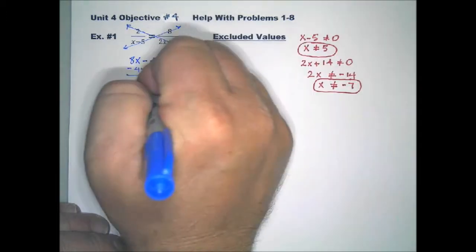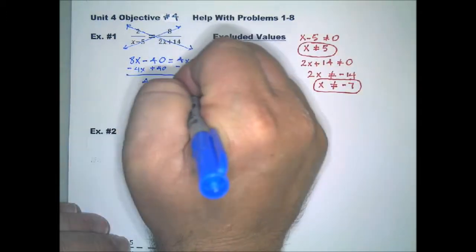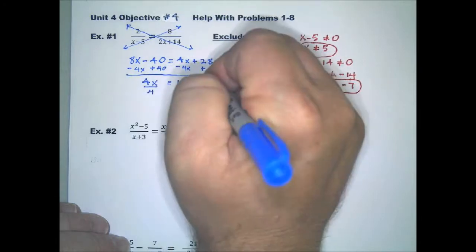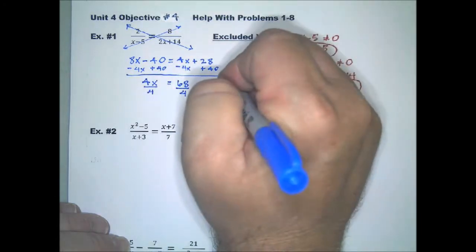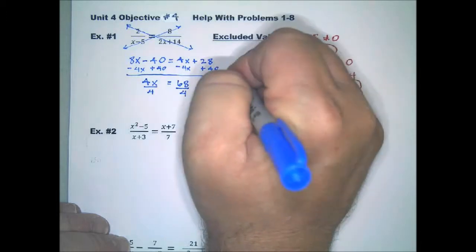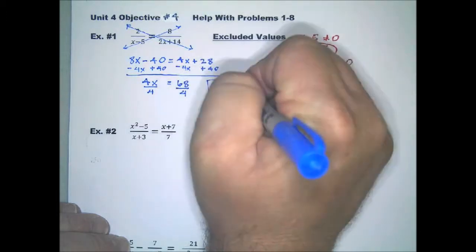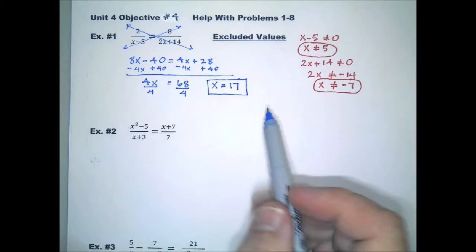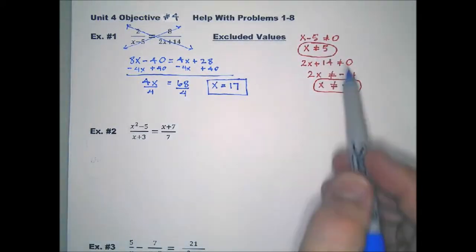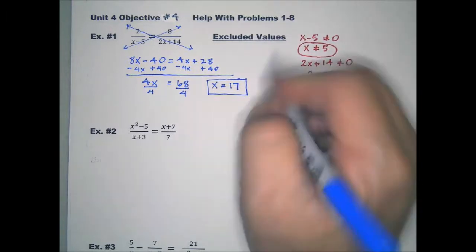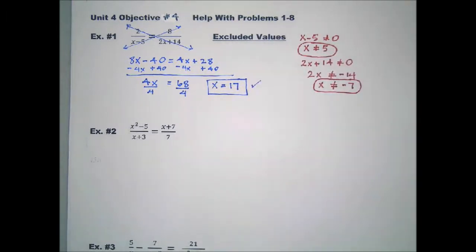Now divide both sides by 4, and you're going to get x equals 17. Since 17 is neither 5 nor negative 7, we know it's okay.